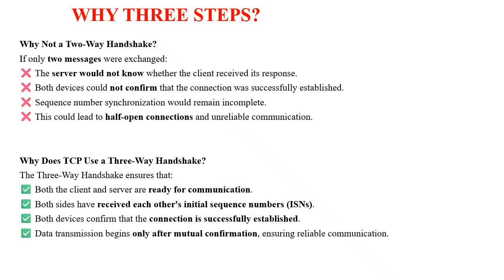The final acknowledgement tells the server that the client successfully received the response and both devices are synchronized. Without this third step, an incomplete or half-open connection may occur. Therefore, the three-way handshake ensures both devices are ready, both sequence numbers are synchronized, and both sides confirm successful connection establishment. Only then does reliable communication begin.